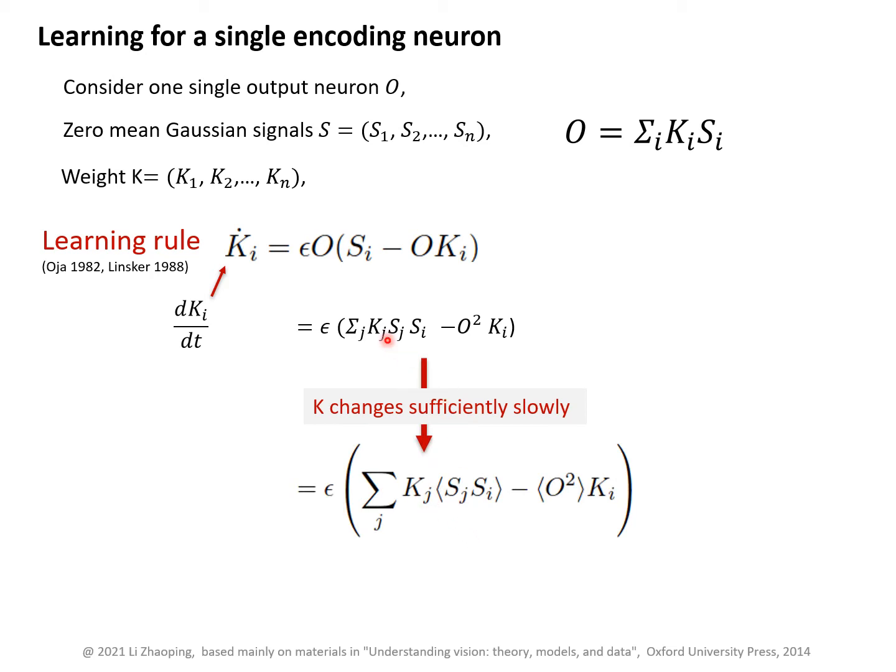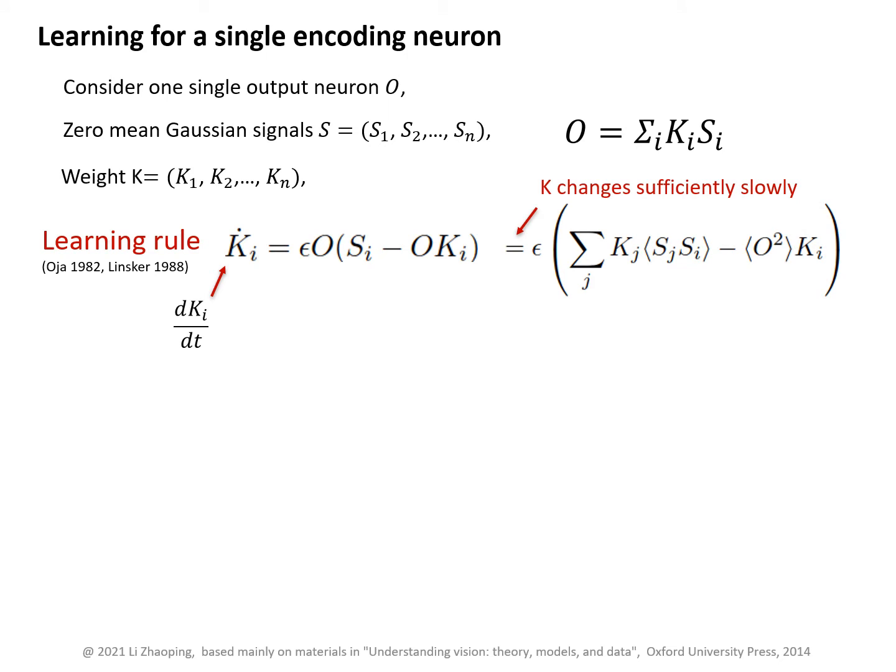And so this becomes the average of this multiplication over the input ensemble. So that's the correlation. And similarly, this is the ensemble average of O squared.